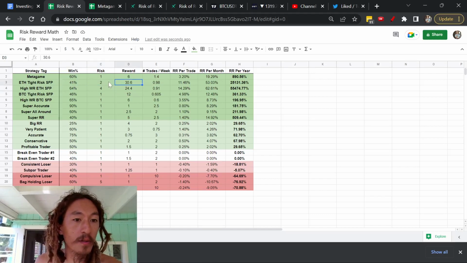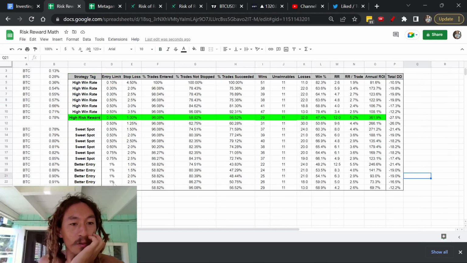For the ETH one, where my win rate is... what's the high win rate Bitcoin one?